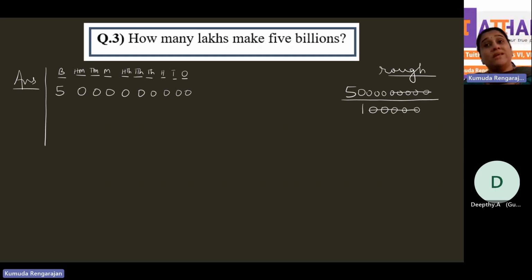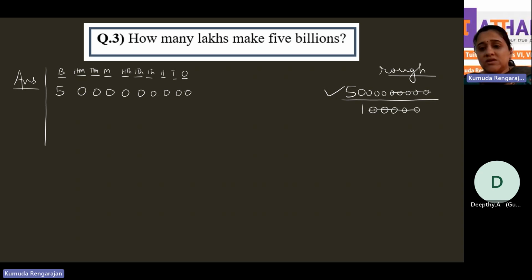Next, how many lakhs? In the rough column, write the given number and divide that by 1 lakh. If it is how many 10,000s, you'll have to divide by 10,000. If it is how many hundreds, divide by 100. Here we divide by 1 lakh because the question asks how many lakhs.